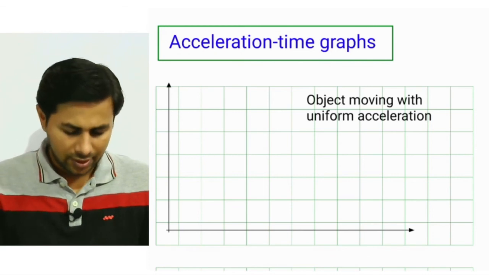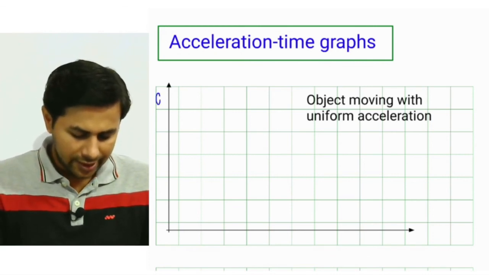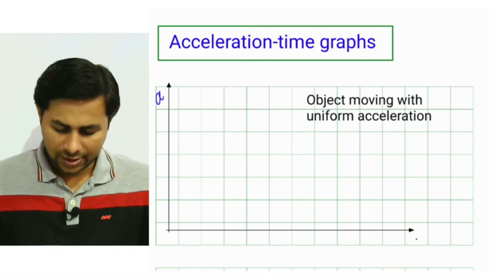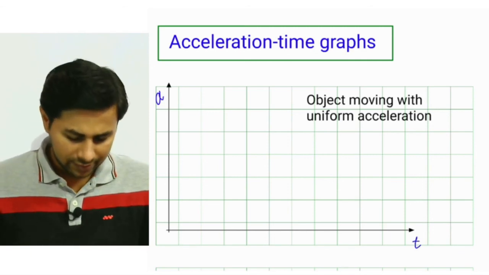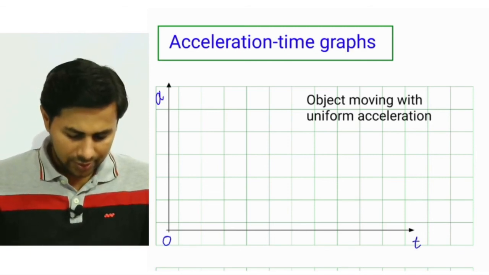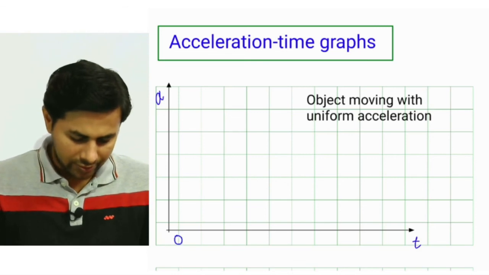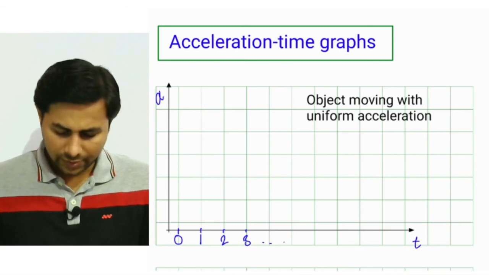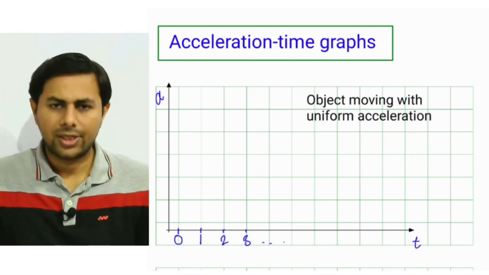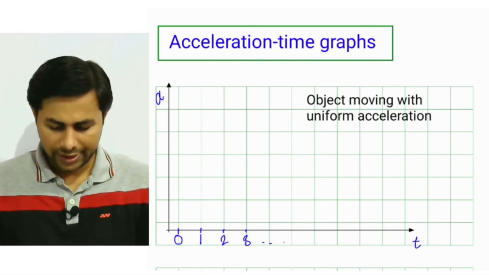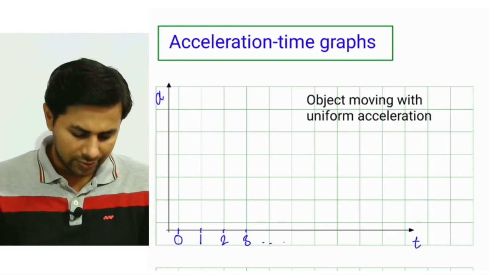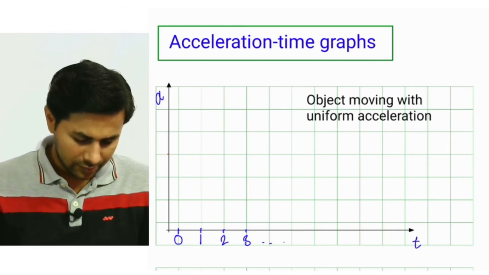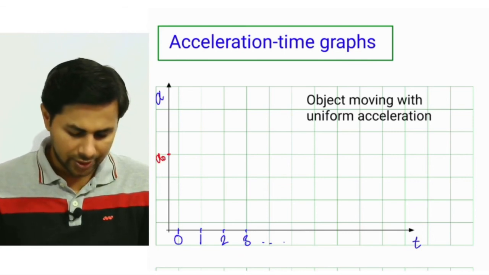Okay. So acceleration on vertical axis, time on horizontal axis. So this is suppose t equals to 0, 1, 2, 3 and so on. Now the acceleration remains constant. So let's consider some initial value a naught.